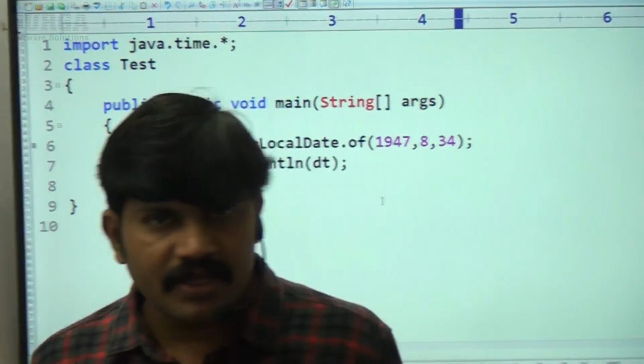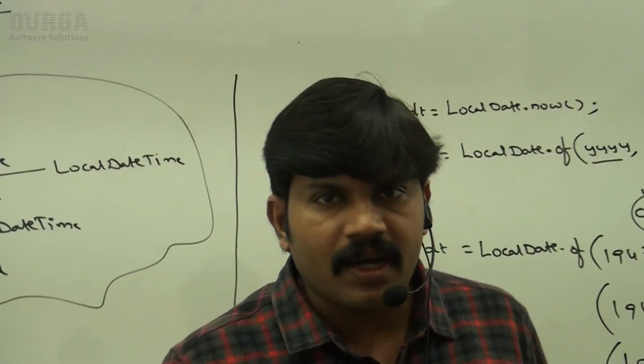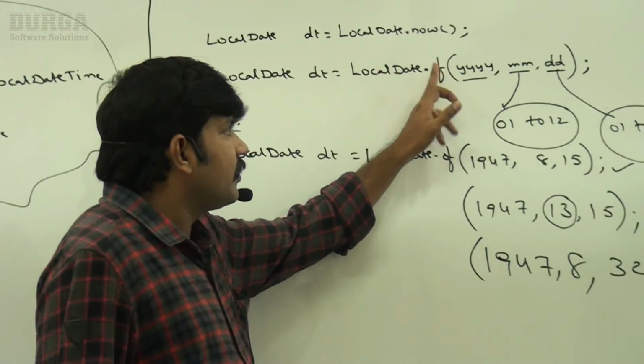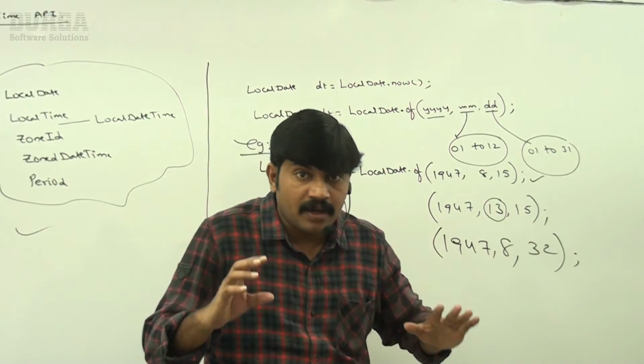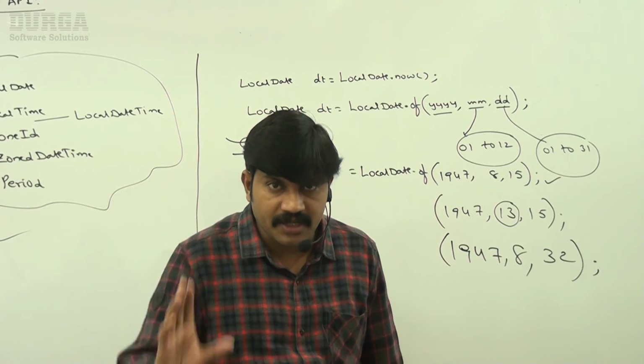So everything is very clear for you people, right? Whenever we use the LocalDate.of method, whether you provided proper values or not, you have to take special care. Clear?